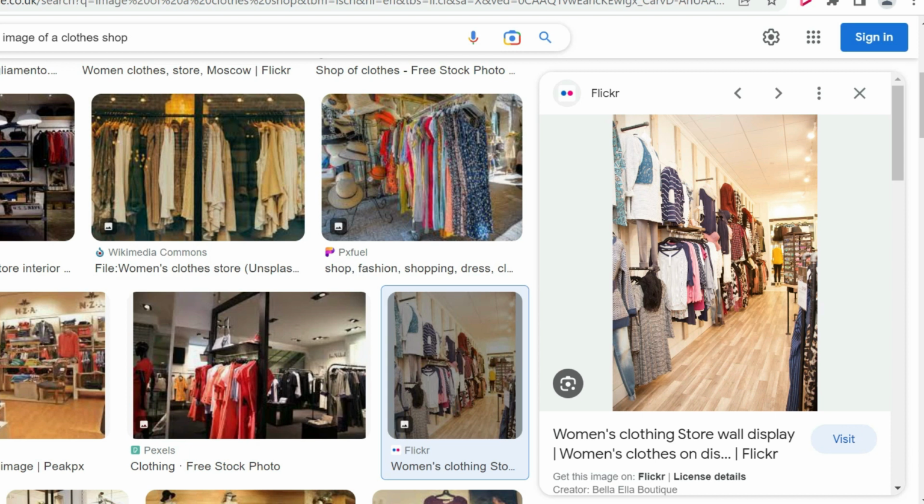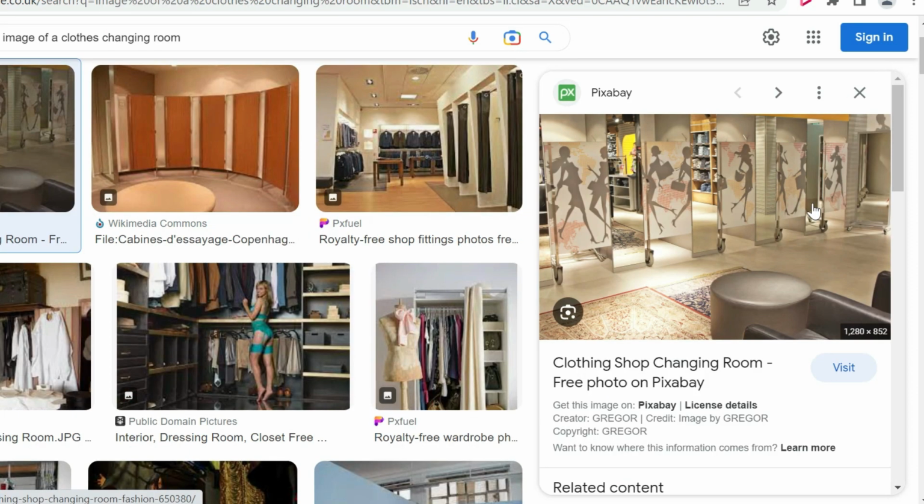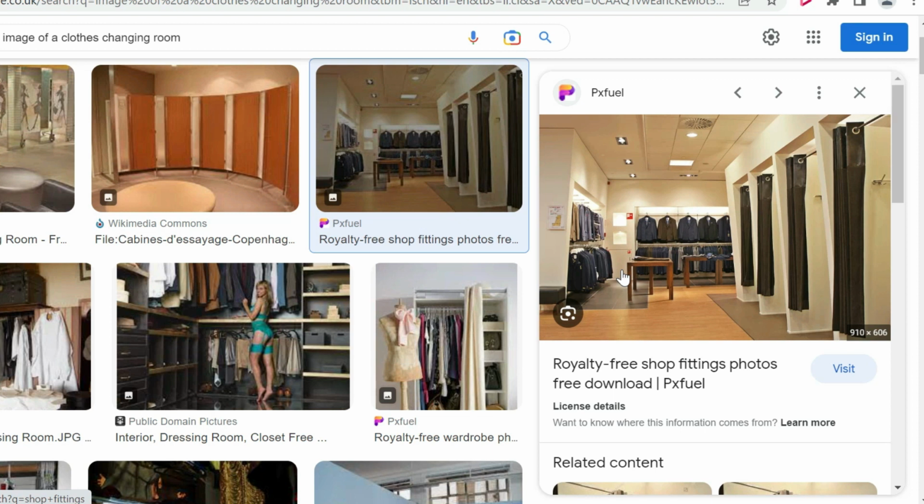What do you do then? You go to the changing room. So, you're familiar with this picture here? So, what you do is you go into the changing room and you try on your new clothes.